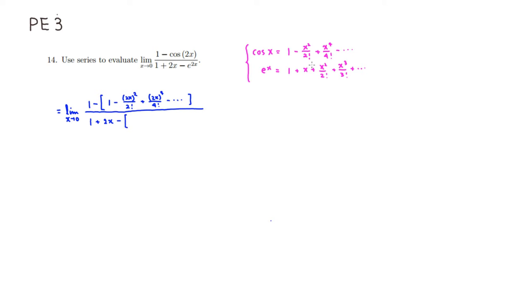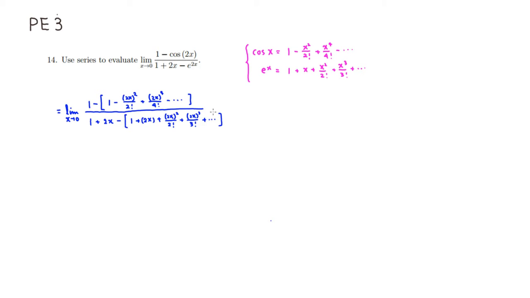Again, we have to replace x by 2x. So you have 1 plus 2x plus 2x squared over 2 factorial plus 2x cubed over 3 factorial, and so on.